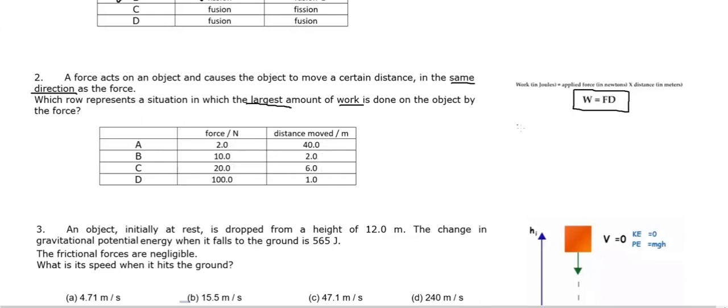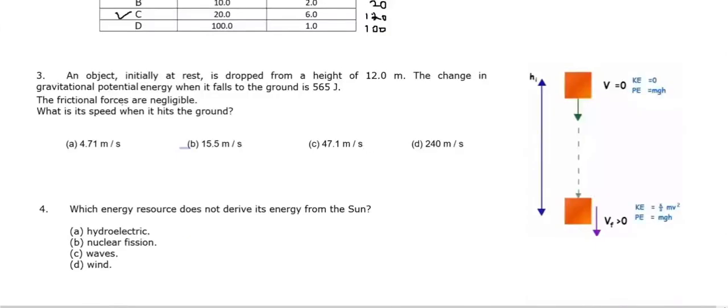So 2 into 40, the first one, we get 80, and here 10 into 2, we get 20. The third one, 20 into 6, we get 120, and the fourth one, 100 into 1, we get 100. Which is the largest value? 120 is the largest value, so option C is the answer.